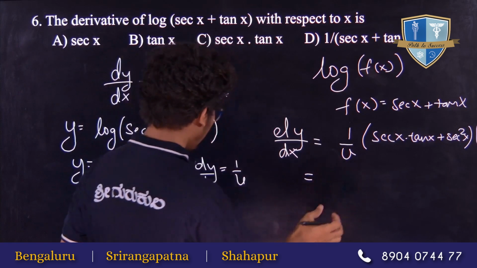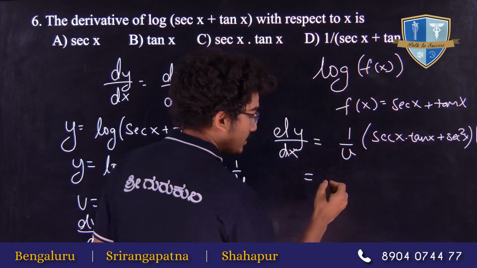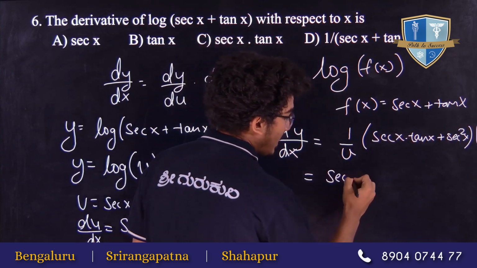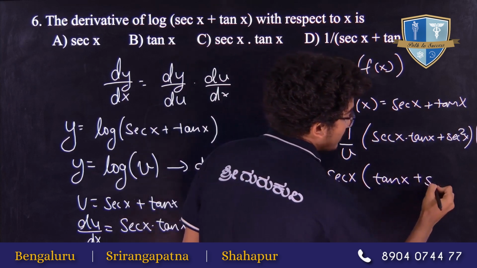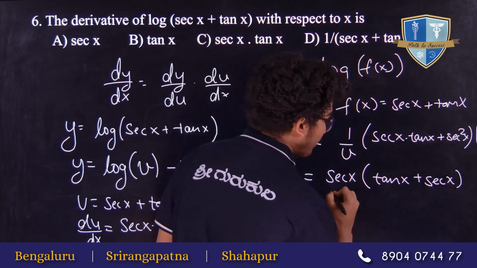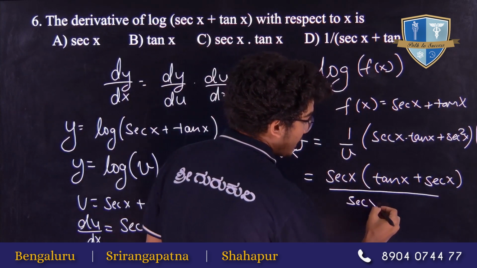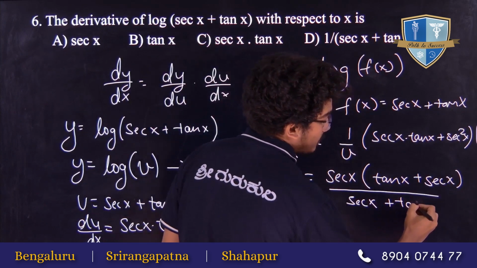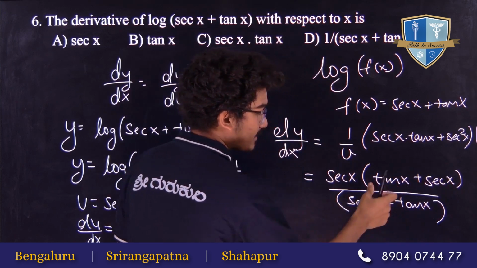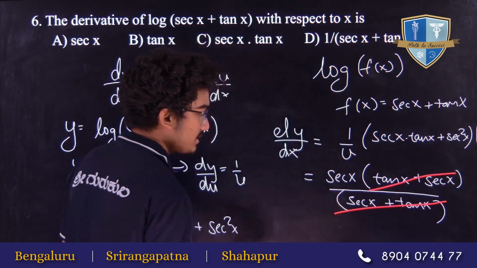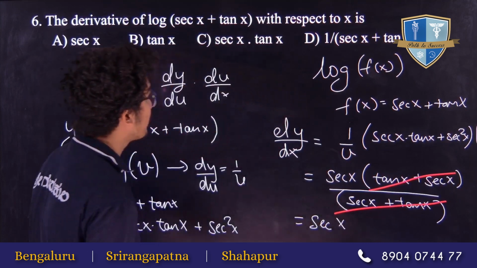So instead of u, we will write sec x plus tan x, and here we can take sec x common. So we will get sec x common, tan x plus sec x, divided by sec x plus tan x. Now see, sec x plus tan x and sec x plus tan x will cancel out each other and the only remaining term is sec x. So our correct answer will be option A.